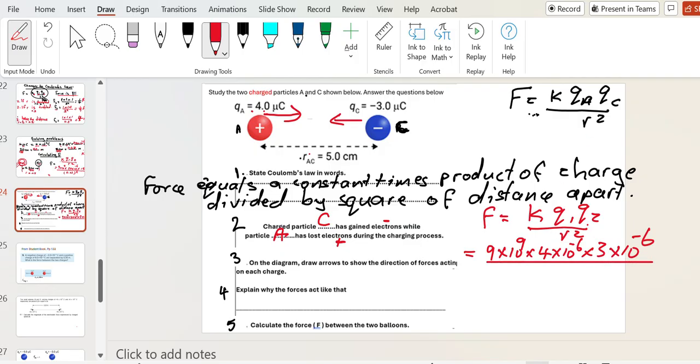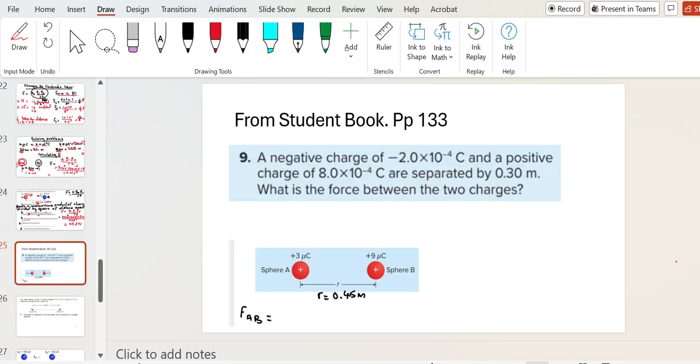What is R? 5 centimeters. You have to divide 5 centimeters by 100, which is 0.05 meters. We use R in meters, so it's 0.05 meters squared. Don't forget to square. What answer are you getting? Take calculator. I'm getting 43.2 Newton. Please check if you are getting this answer. If you don't get it, maybe you are making a mistake somewhere. This one I will give you for practice.